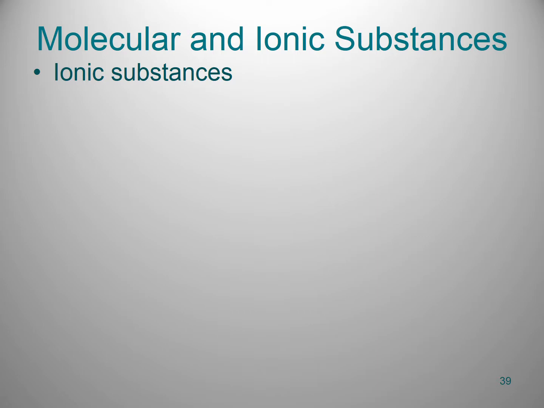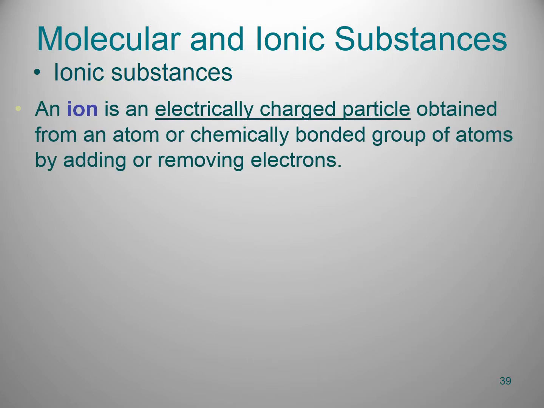All right, so there's actually two kinds of substances. There's ionic substances and covalent substances. And so, again, this chapter is just a little bit of a mishmash of all kinds of things. So what is an ion?